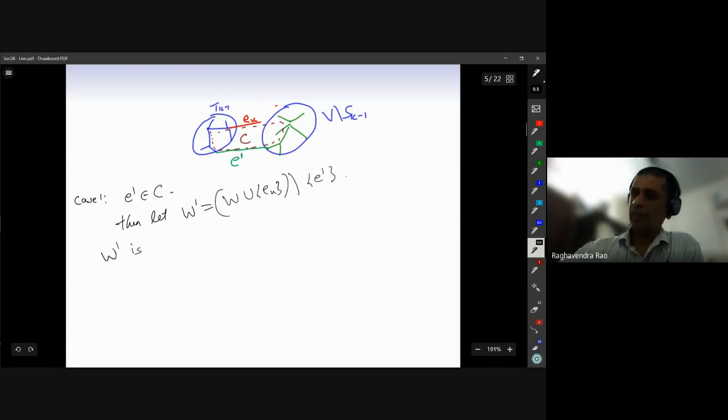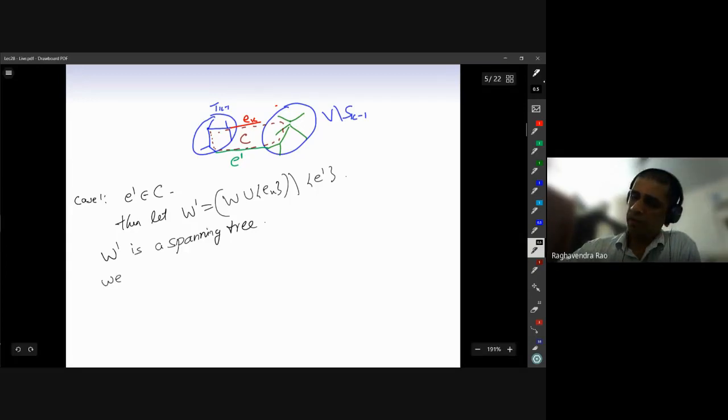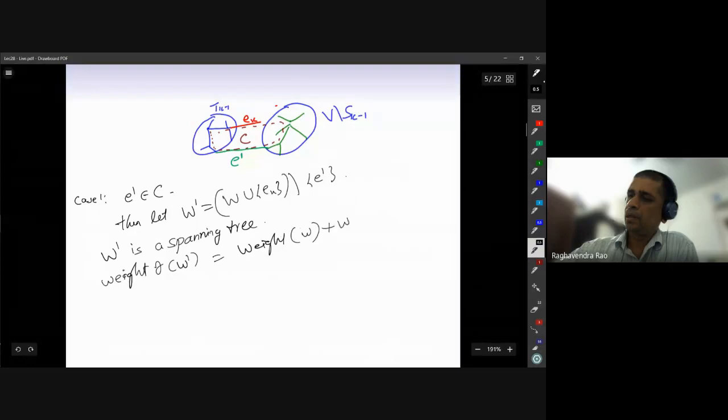So W prime is a spanning tree, because what you have is a spanning tree plus an edge, which creates a cycle. Now we remove one edge from the cycle, and it still is a spanning tree. And weight of W prime is equal to weight of W plus weight of Ek minus weight of E prime.